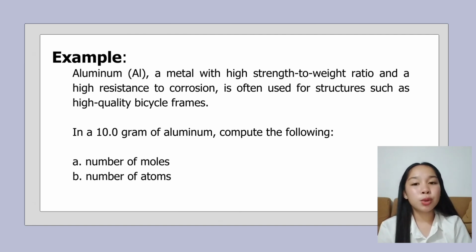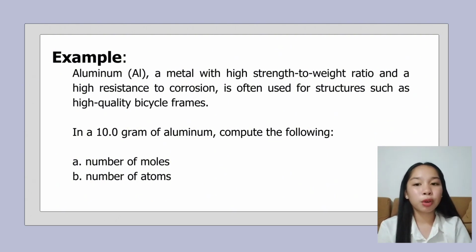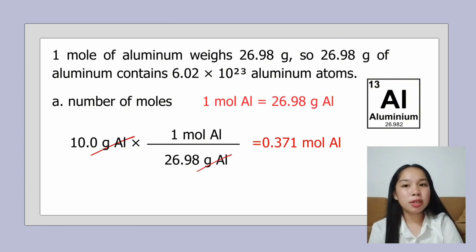So in calculating moles and number of atoms, here is another example. Aluminum is used for bicycle frames. If we have 10 grams of aluminum, let's compute the number of moles and number of atoms. To find moles, we divide the mass by the molar mass. So 10 grams divided by 26.93 grams per mole equals 0.371 moles of aluminum.